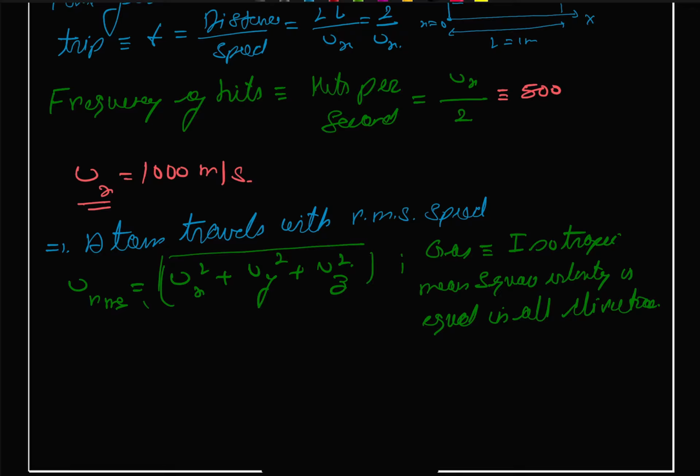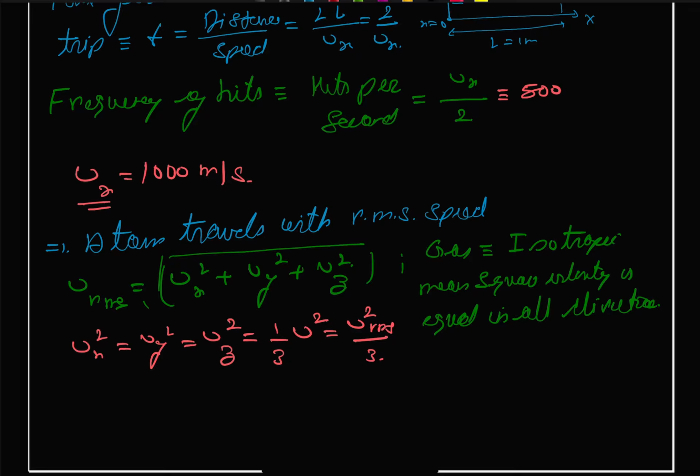Based on this we can write that v x square equals v y square equals v z square, which equals one third of v square, or simply v square RMS divided by 3.